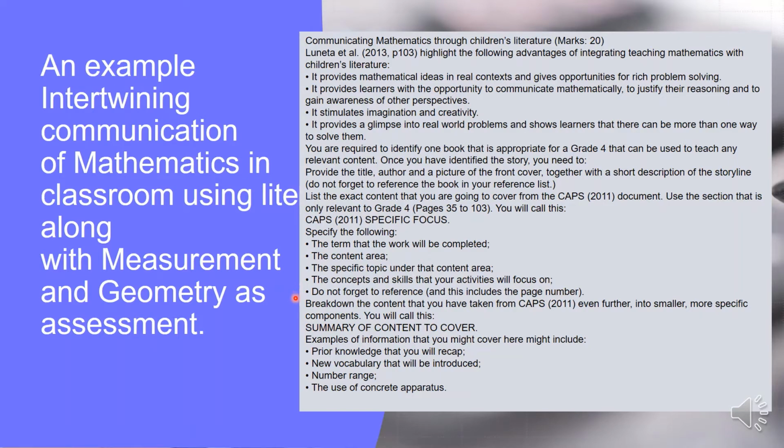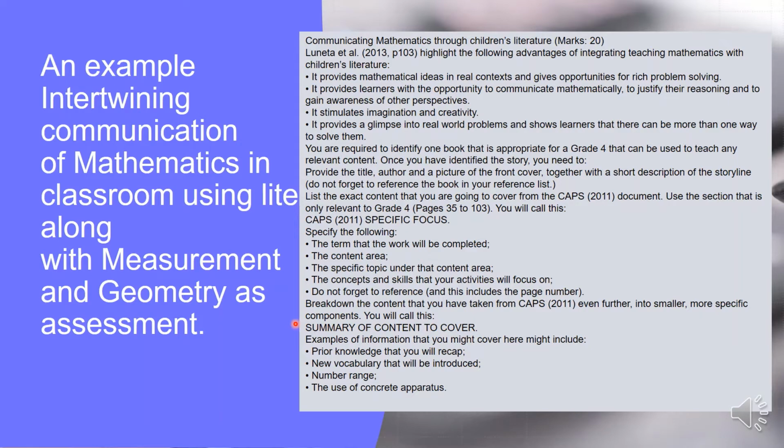Do not forget to reference and include the page numbers. Now the breakdown taken from CAPS goes even further into more specific components. We'll call it a summary of content to cover.